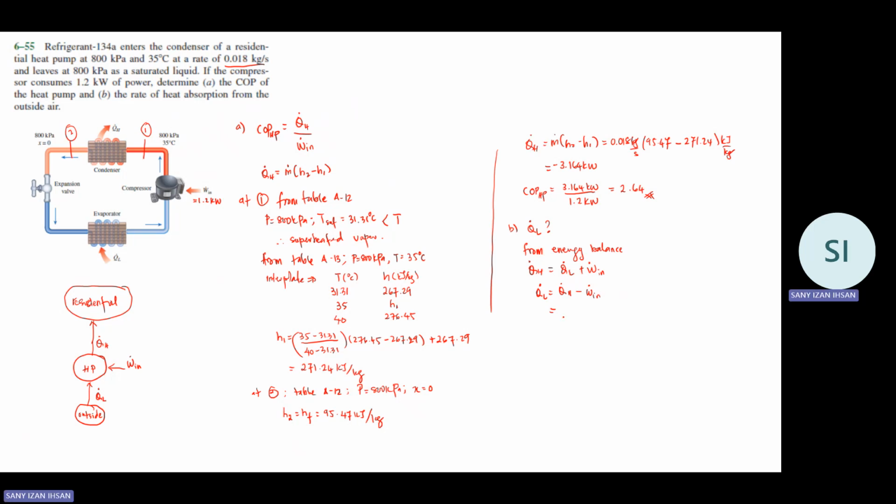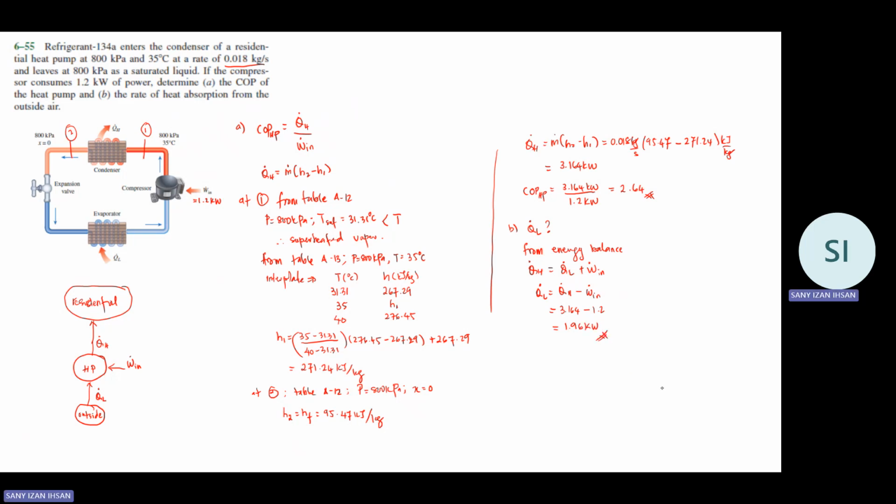All right. So in our case, we have QH. In this case, you do not take the negative value because the direction is already indicated. When we have this energy balance, you are already taking into account the direction. So QH should be the magnitude, 3.164, minus work in, 1.2. If you do that calculation, you have 1.96 kilowatt.